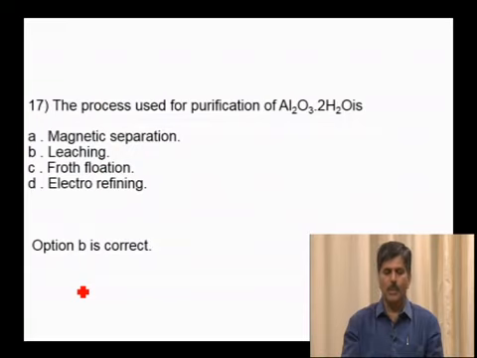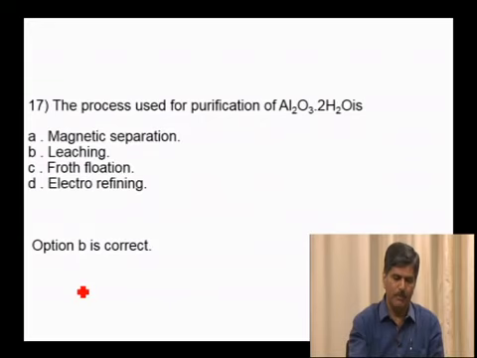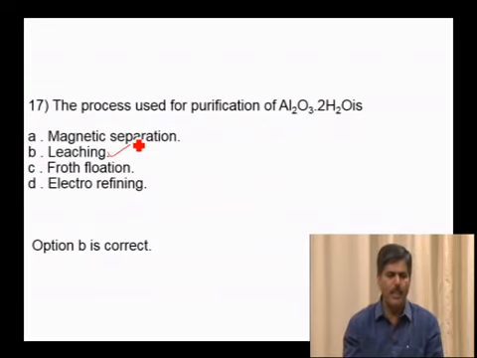At these conditions, bauxite dissolves in sodium hydroxide giving rise to sodium meta-aluminate. Hence the bauxite is purified by the leaching method. Let us see why the other options are not correct.